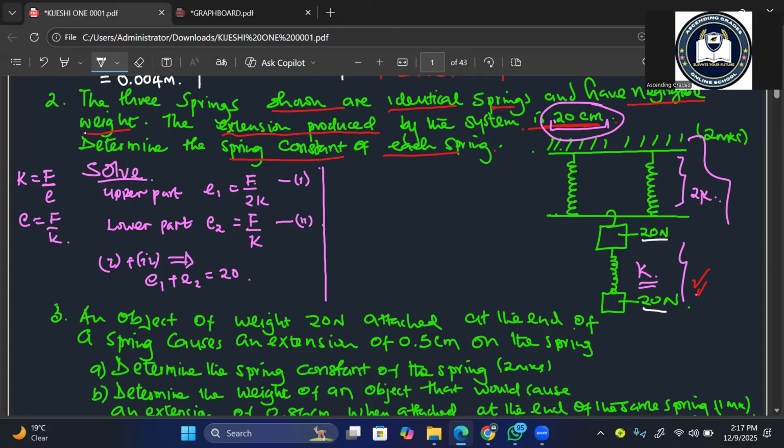So you can say 40 divided by 2K, which is giving us E1 plus E2, which will be a force, the force acting on this spring. It is 20, a single 20 newtons. Then you divide by the spring constant K. And this one is supposed to be giving us 20 centimeters.